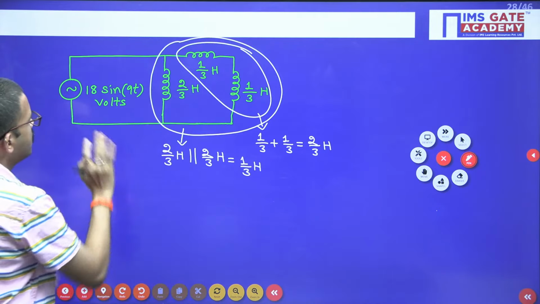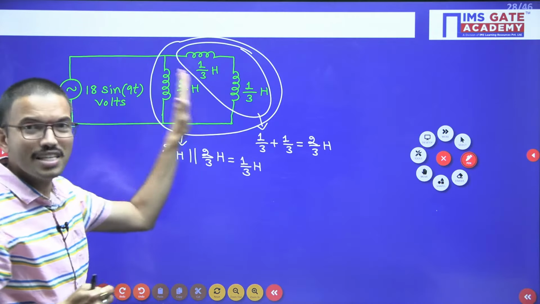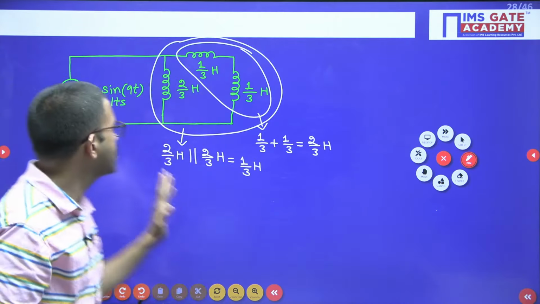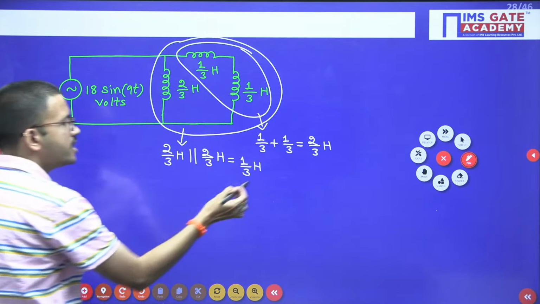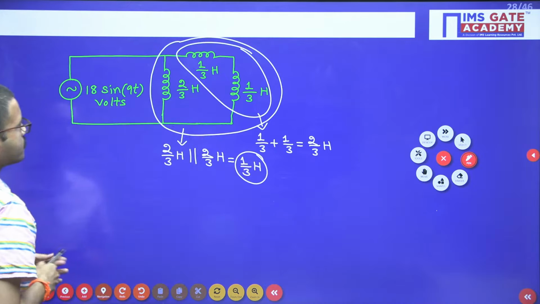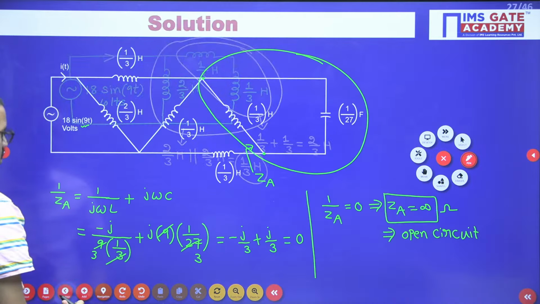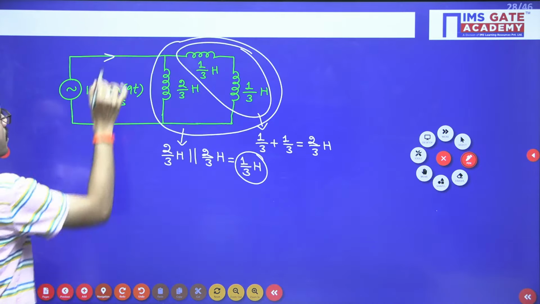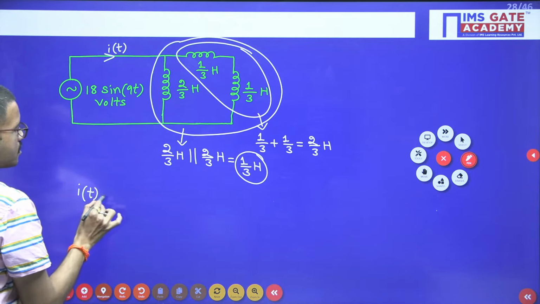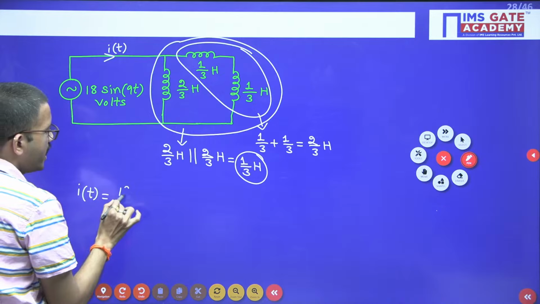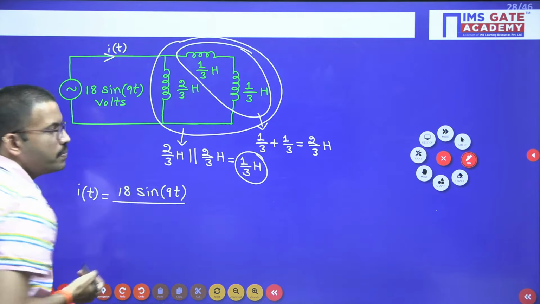So you are getting a simple voltage source. In the previous question, you had one voltage source in parallel with one resistor. In this case, you have one voltage source in parallel with one simple inductor, and that inductor value is 1 by 3 Henry. The current flowing in this particular branch, in the question they have mentioned as I of t. So, I of t equal to the supply voltage 18 sin 90 divided by impedance.